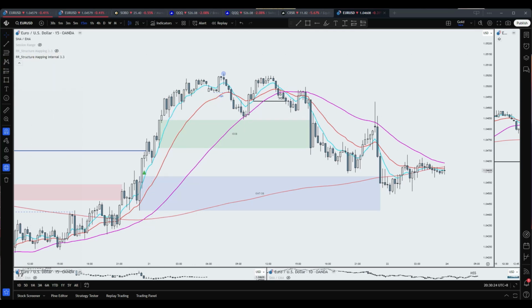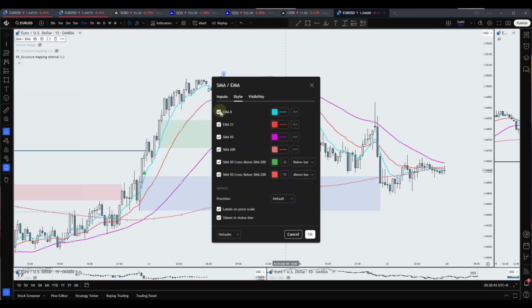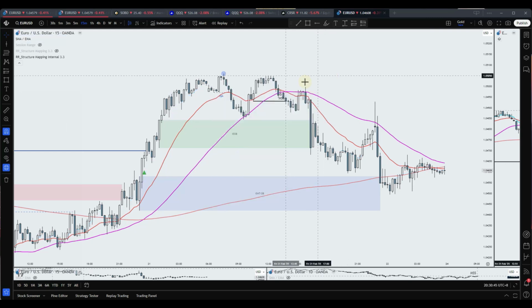First thing you check here. I'm going to draw a line here. What happened here on this candle? Not only the market structure shift, but if you notice, okay, let me turn off the 8. If you notice, the 8 crossed the 21 on the sell side.